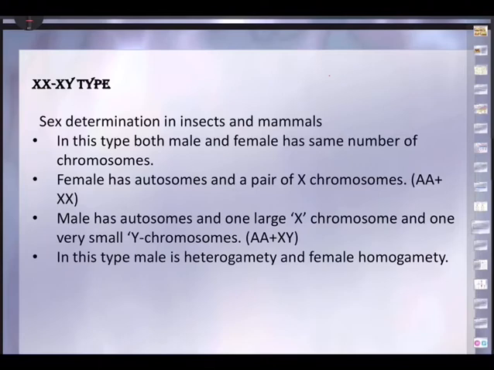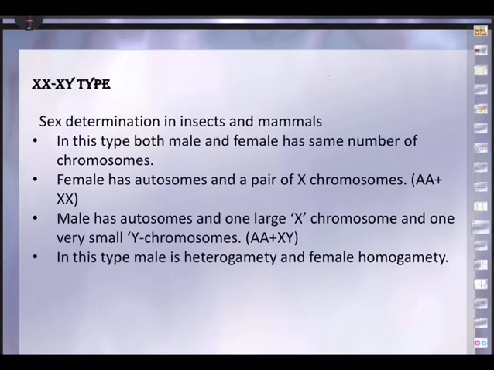And these autosomes will decide the bodily characteristics. And the remaining is allosome or sex chromosome. So in case of a female, it is always XX, and in case of a male, it is XY. So autosomes are 44 in a female and XX, 46.